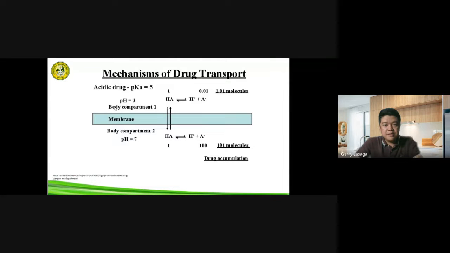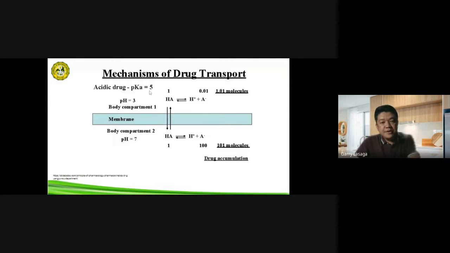So from the diagram, we can say that each unit decrease, or each unit that we move the pH of the environment towards the acidic side, the proportion of the unionized form of the drug will also increase by 10.